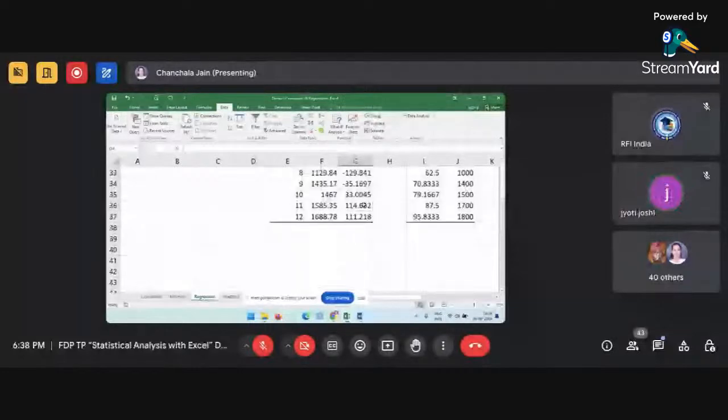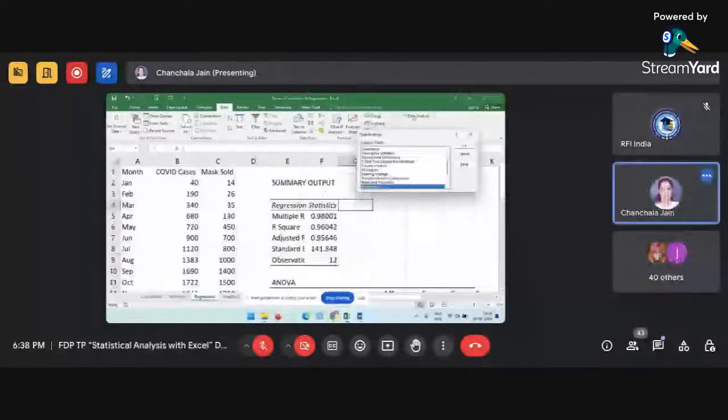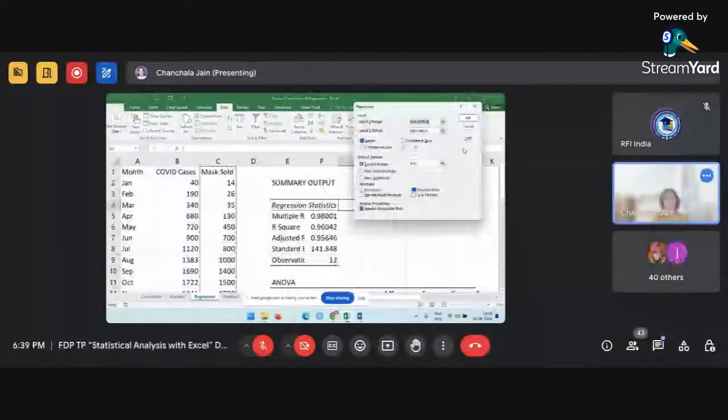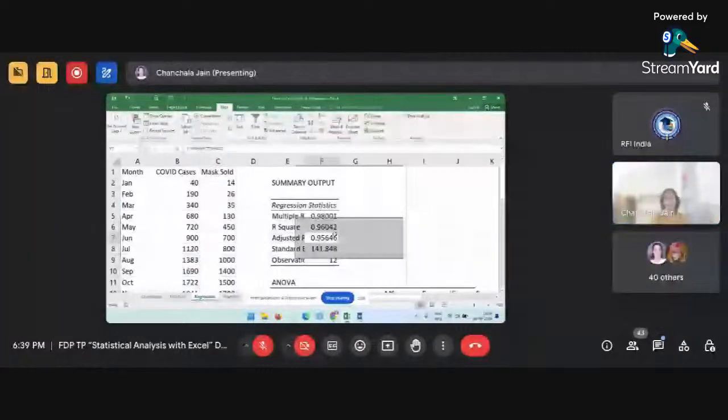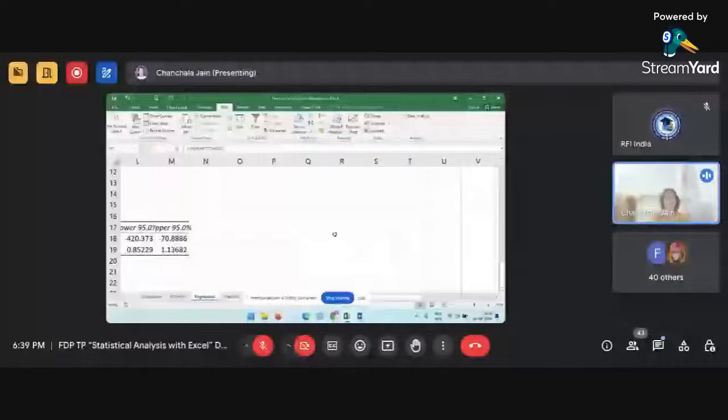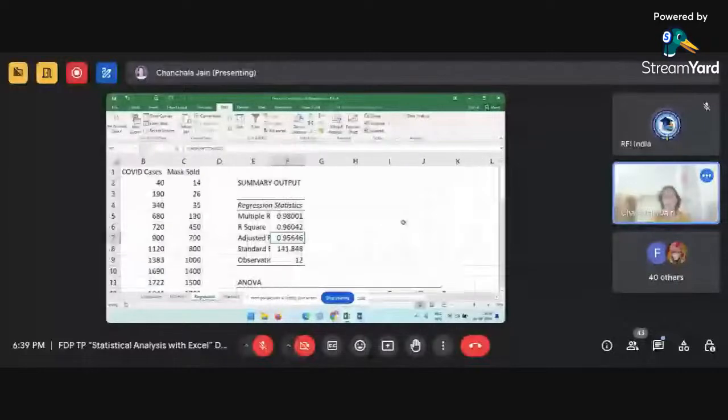Just a minute. I think I made a mistake. Anyone who is getting the plots? Yes, ma'am, I got the plots. Okay, I'm not getting, where are my plots? Oh yes, it was somewhere here. I don't know where these were. Yeah, right there.